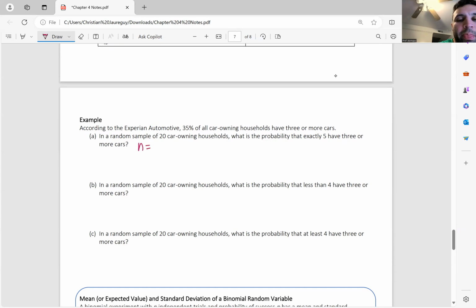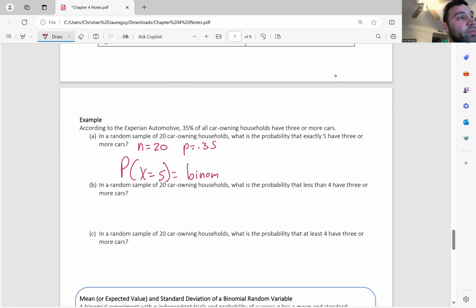So not too bad. N is 20. P is 0.35. And I know it's equal to. Probability X equals 5. So it's binom PDF. You look this up, binom PDF, and just give it what it asks for. It asks for the trials, which is 20, the P, 0.35, the X value is 5.